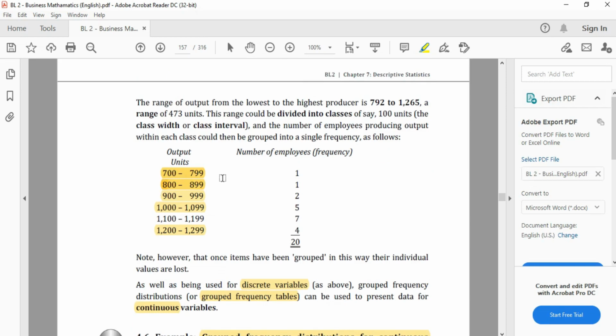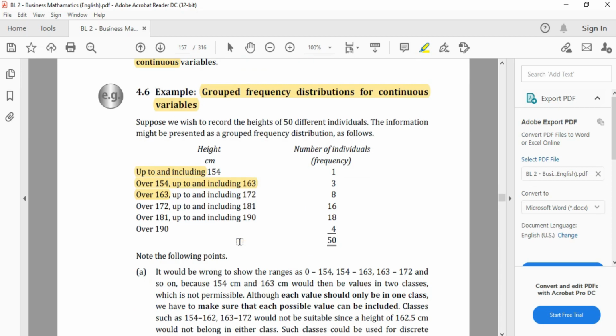Because you can't have 700 to 800 here and then say 800 to 899 here, right? Because if there's an employee who produced 800 units, he has to be in this set and this set. If we change the end point to 800 here instead of 799, that's the reason we say up to and including, so that it's included here and it is over here. So it's the same thing, only the words have changed.